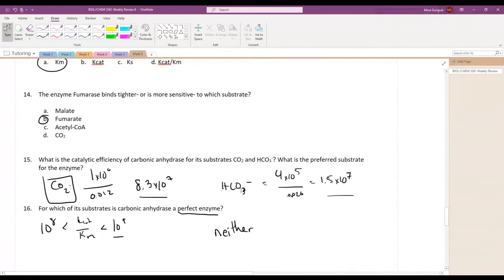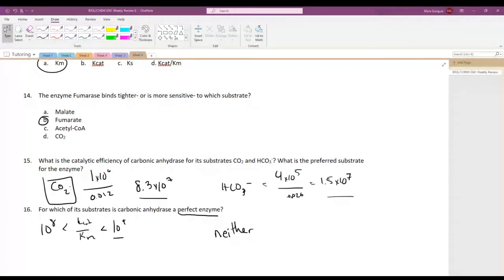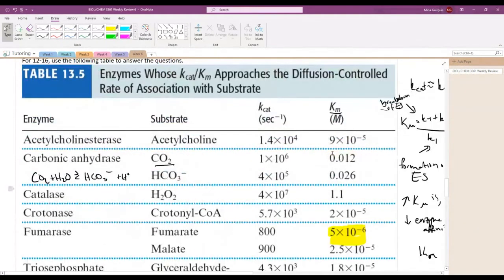Sure. So the idea of the preferred substrate is for which substrate is carbonic anhydrase more efficient, right? And we can do this in two different ways. So the more complete way is to look at catalytic efficiency as the number. The way that I personally like to do it is I just look at these two, and based on these two, we know that CO2 has a higher kcat and has a lower Km, so it's got a higher affinity and a higher turnover.